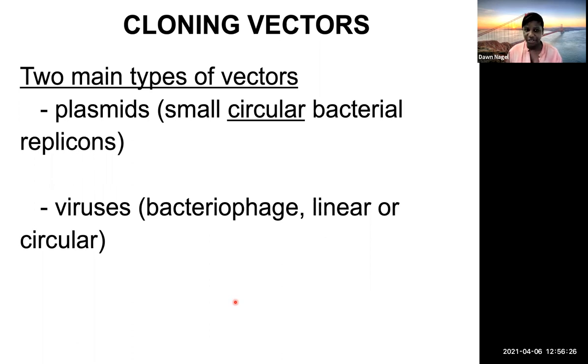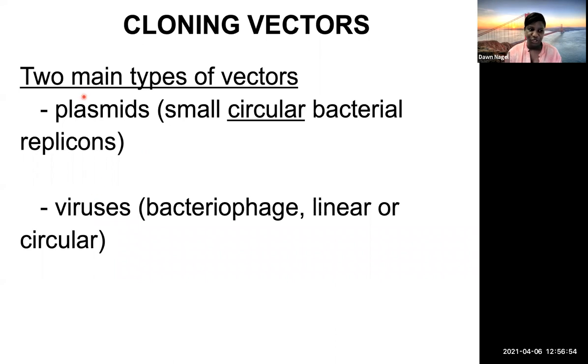Because bacteria cannot replicate linear DNA. The bacterial plasmid itself is circular. So if you're going to put something into bacteria, it needs to be circular, okay? If you were to cut a piece of your DNA and say, okay, I want to clone this into bacteria, you need to put it into a vector to create a circular molecule, okay?